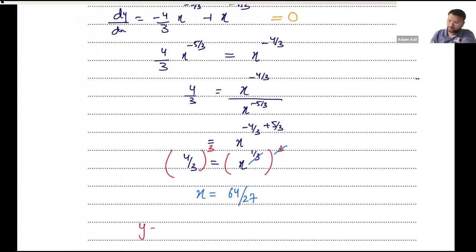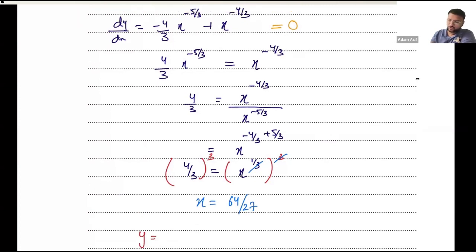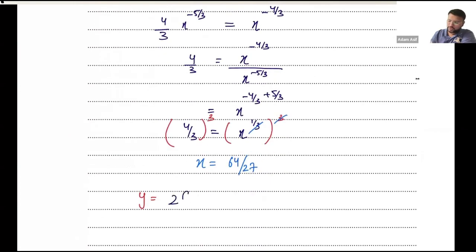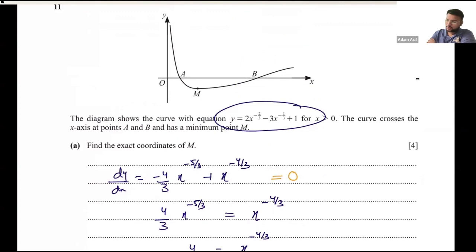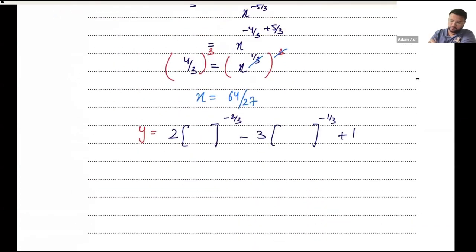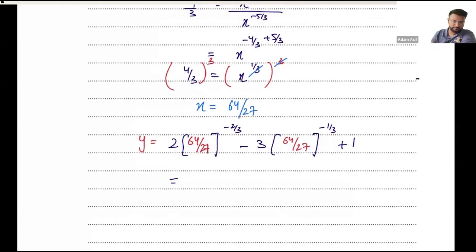तो ये x की वैल्यू आ गई। ठीक है, अब y कोऑर्डिनेट ऑफ द स्टेशनरी पॉइंट निकालने के लिए मुझे ओरिजिनल इक्वेशन में x की जगह क्या प्लग इन करना होगा? 64/27। सो 2 टाइम्स x की पावर -2/3 है, -3 टाइम्स x की पावर -1/3 है और +1 है। और इसमें x की जगह मैं 64/27 प्लग इन कर दूंगा। ये कैलकुलेटर में सॉल्व करके मुझे डायरेक्ट आंसर बता दो y का। I think it's -1/8.